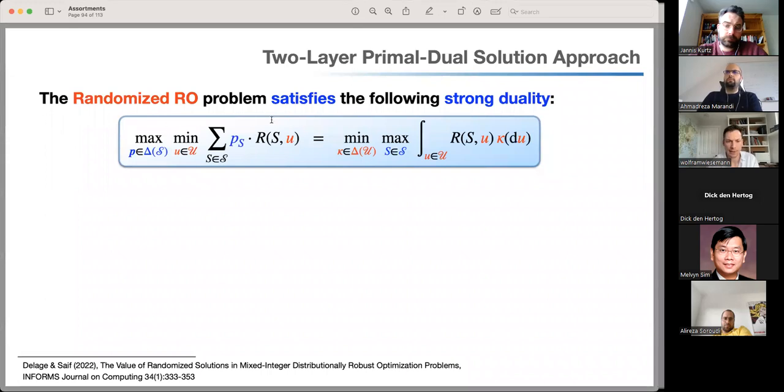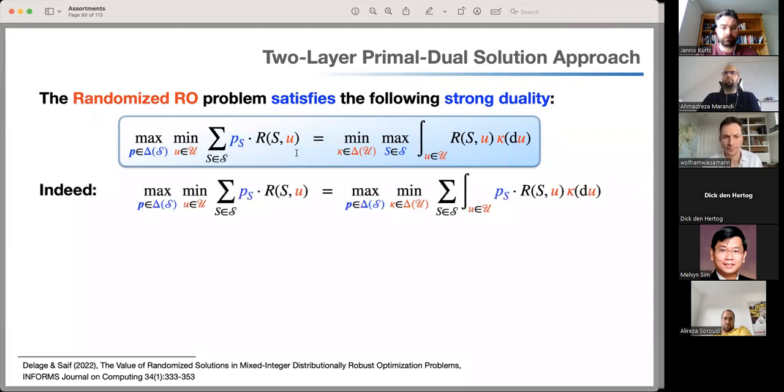So remember, this is our randomized assortment optimization problem from the previous slide. I want to solve a sequence of restricted primal problems, but I also want to simultaneously solve a sequence of restricted dual problems. So I need a strong dual to this problem. And the way I can do that is the following. Since R as a function of U is typically non-convex in U, I cannot easily use a min-max theorem here.